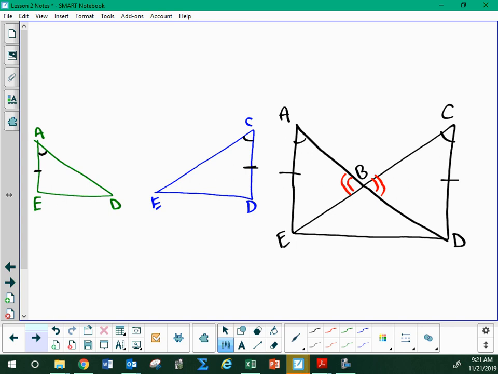What else do I know about my picture? E is shared. Good, ED is shared. For my overlapping triangles, do I have enough information?